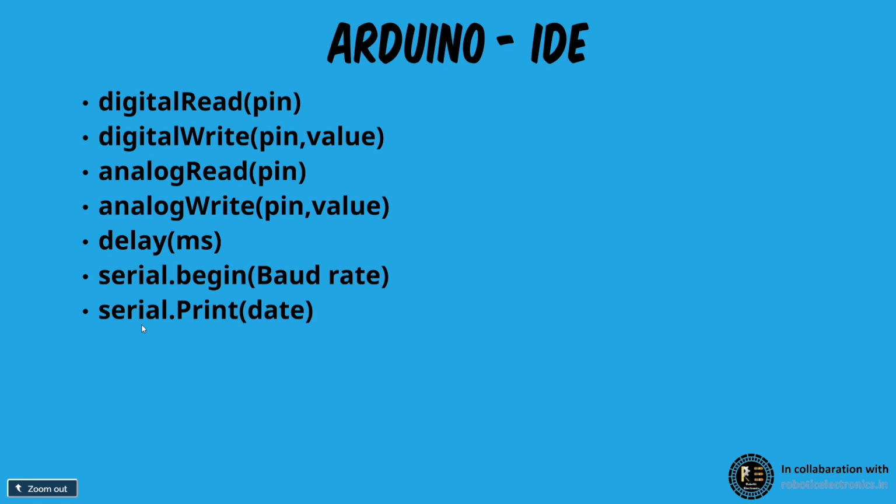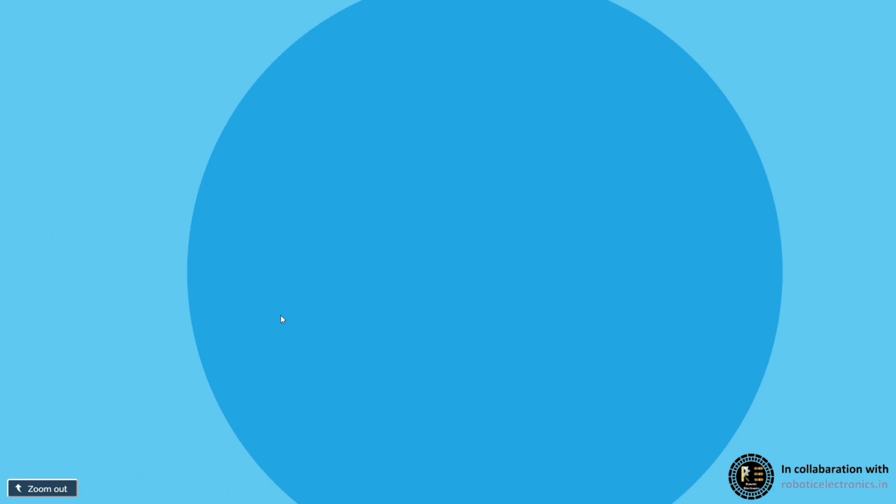Serial.print is a function used to make serial printing that can be done on different devices. For example, if we consider an LCD screen, we can do the serial print and write what has to be printed. This is about some of the functions of Arduino IDE.